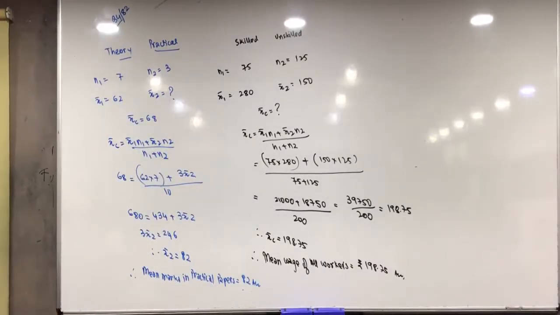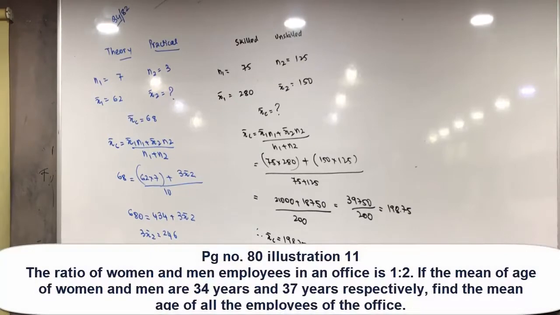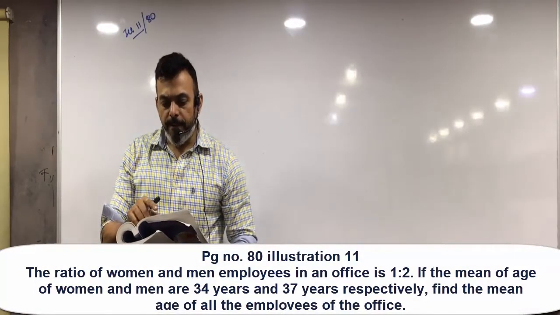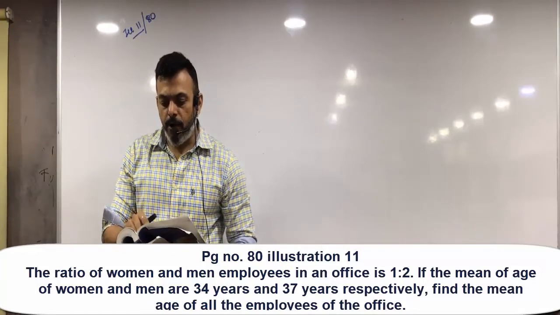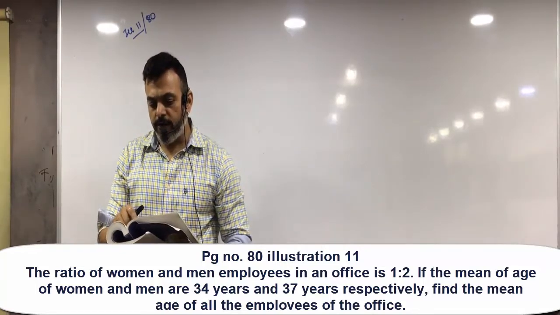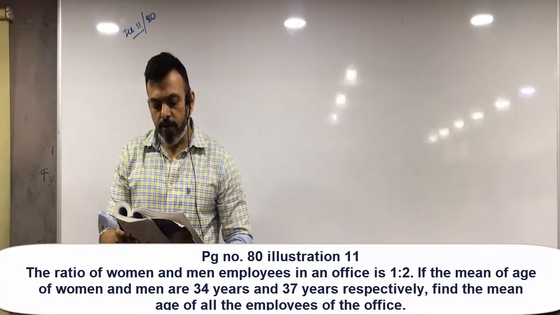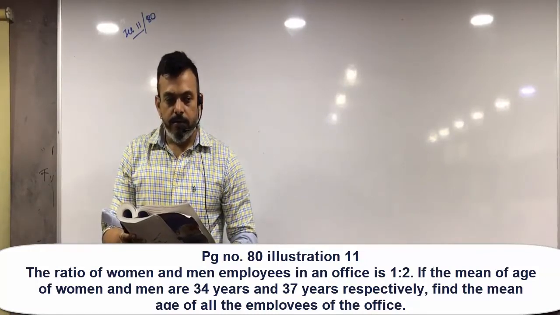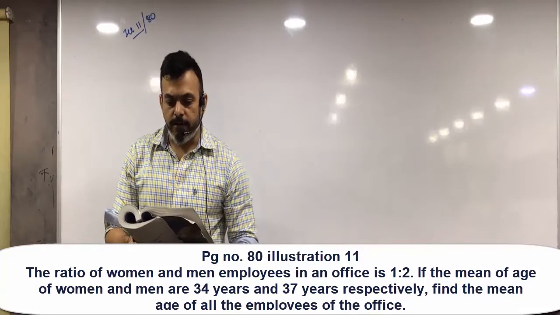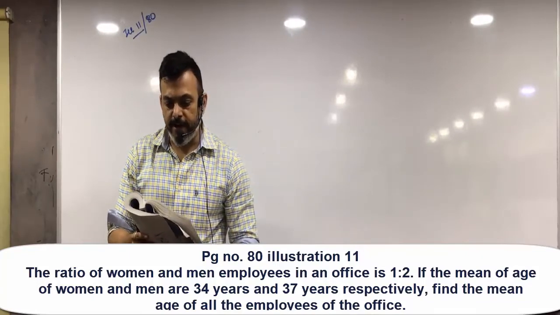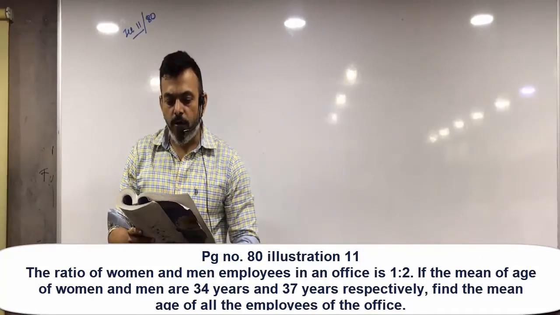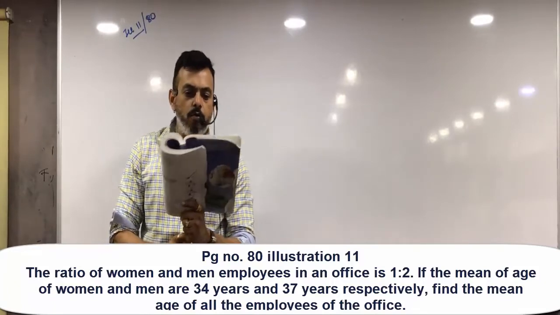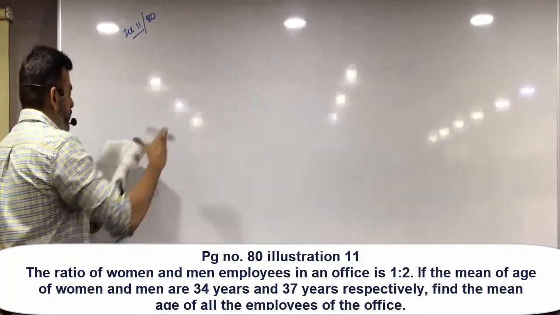Page number 80, illustration 11, important. The ratio of women and men employees in an office is 1:2. If the mean of ages of women and men are 34 and 37 years respectively, find the mean age of all employees of the office. Now, over here, first let's write the information.